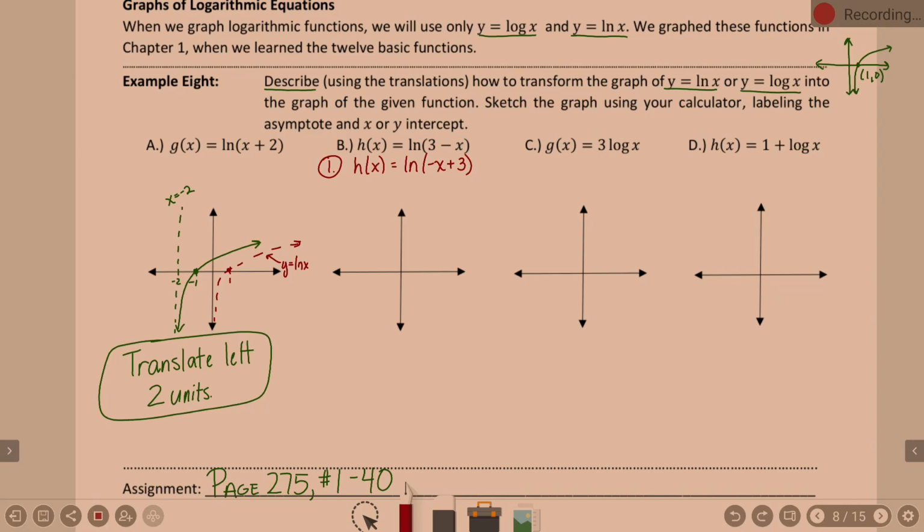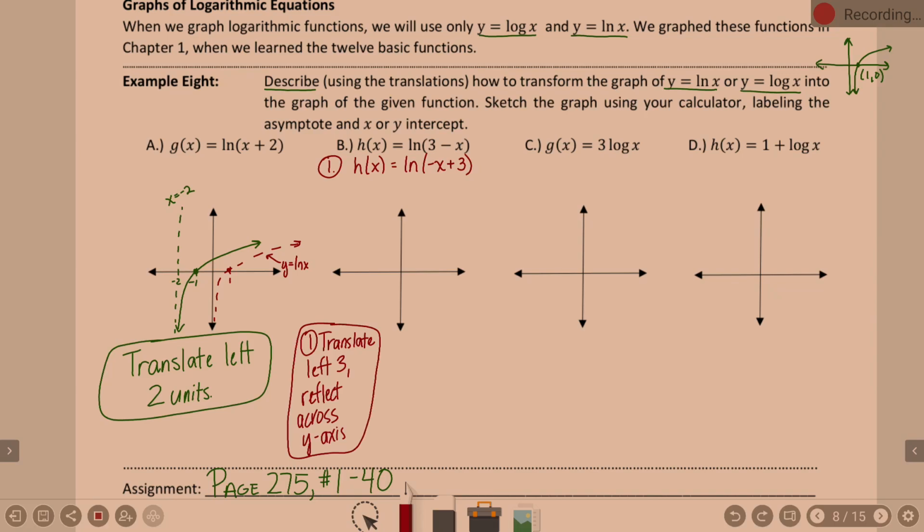I'm going to write it down here as option 1 that we talked about: translate left 3 and reflect across the y-axis. Okay, so this is option 1.